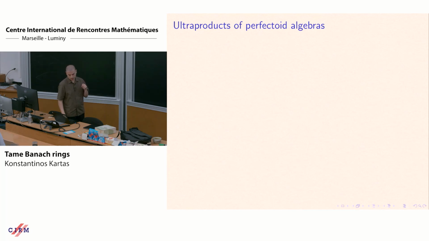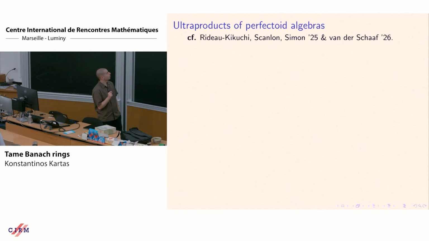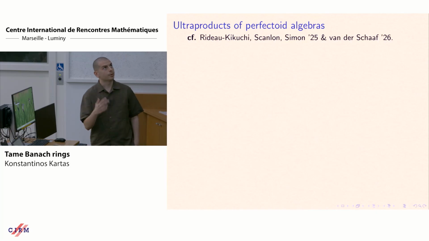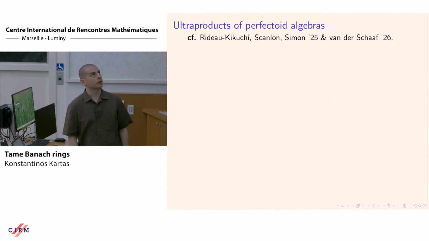Now, let me discuss some facts about ultra products of perfectoid algebras. The results I'm going to present should follow from an appropriate generalization of a recent preprint by Ridoki, Cucci, Scanlon, and Simon.